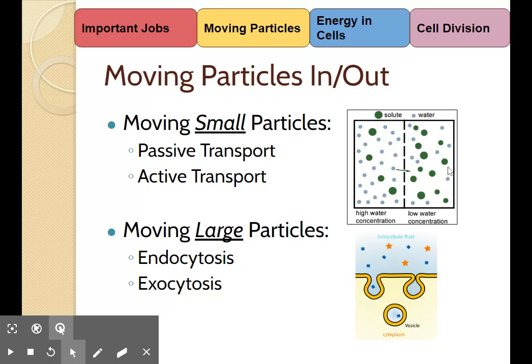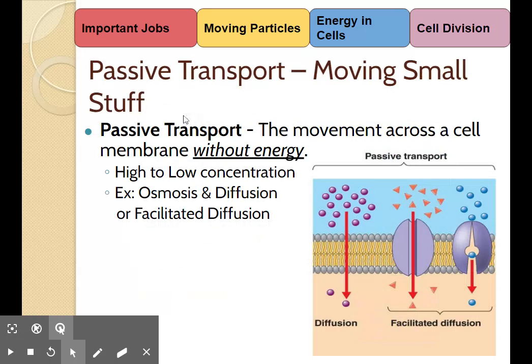So when we talk about passive transport, moving small stuff across the membrane, it simply is the movement across the cell membrane very smoothly, and does not need energy at all. It goes from a high concentration to a low concentration.